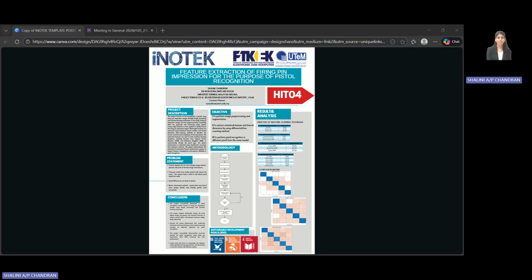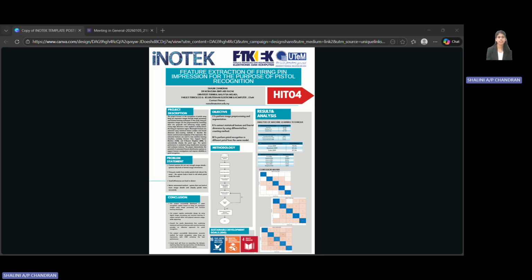So the dataset is split into training and testing data. So 70% of the data is for training and 30% for testing. The training data is used to train the machine learning model, while the testing data is used to evaluate the performance of the system. So in this project, three machine learning models were introduced, which are decision tree, SVM, and KNN.